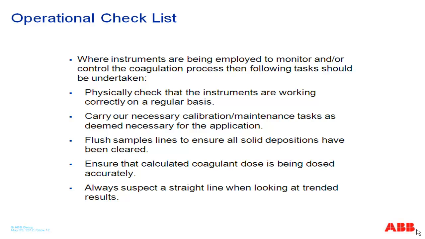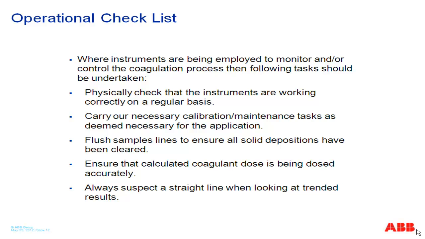Quick operational checklist. Again, it is back to basics, but so important that these things are undertaken. So where instruments are employed to monitor and control the coagulant process, the following tasks should be undertaken. Physically check the instruments are working correctly. Carry out calibration and maintenance tasks as deemed necessary for the application, not always as by the manufacturer.